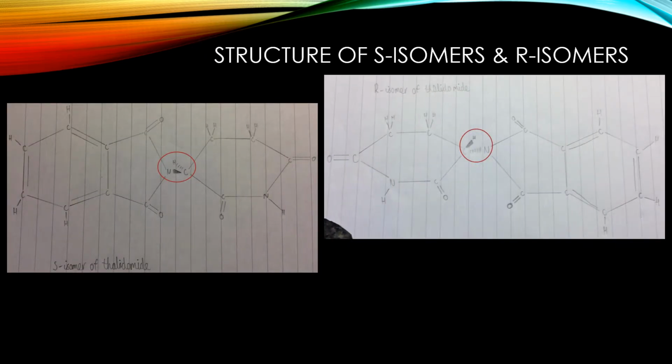As seen from the diagrams illustrating the isomers of thalidomide, they are both comprised of nearly identical arrangements, each of which are shown as opposite mirror images. This classifies them as optical isomers.